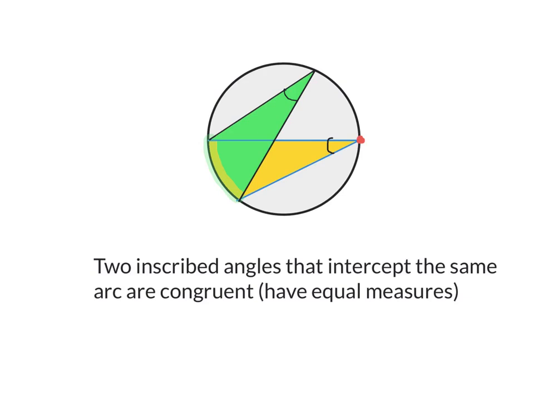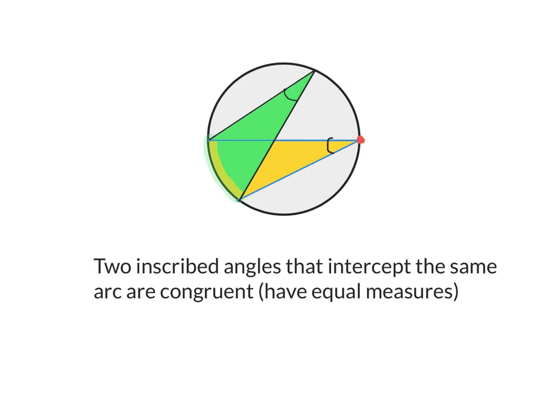One of the theorems that inscribed angles have is that if you have two inscribed angles, two angles with their vertices on the circle, and they intercept the circle at the same arc, then they have to be congruent angles.